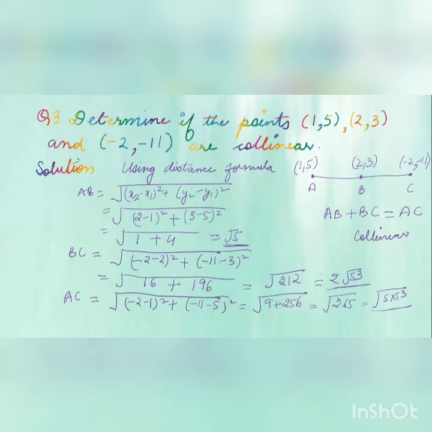The three sides are different, and if you add AB plus BC, it can't come to AC. It is not satisfying. You can say AB plus BC is not equal to AC. So the points are not collinear. In this way you can do it.